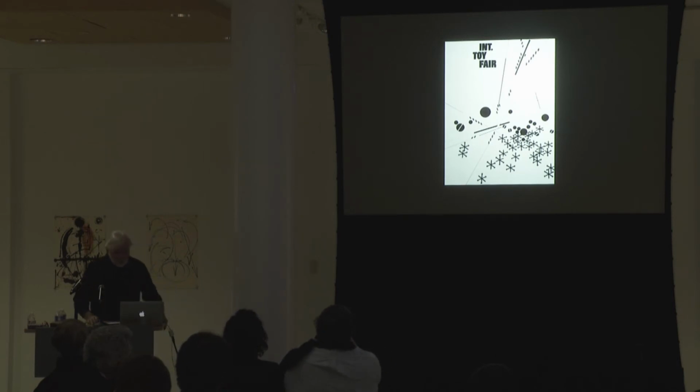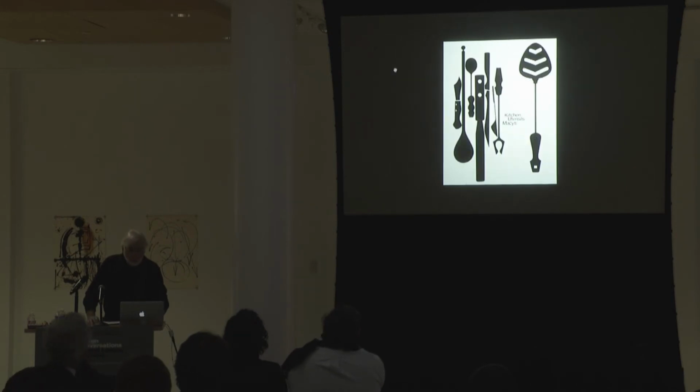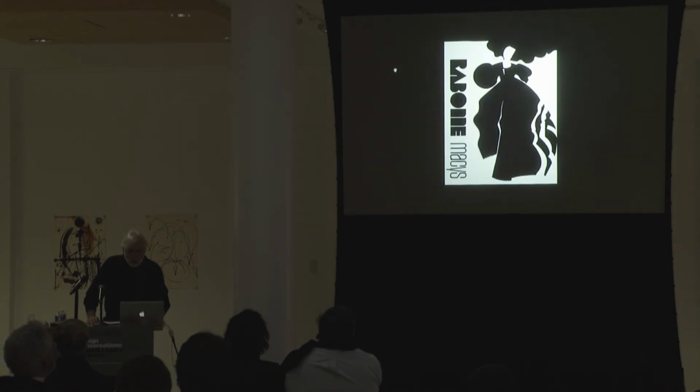A poster for International Toy Fair. Kitchen utensils. This guy was really quite talented. He was also very good in drawing. And so he attempted to do something for fashion.